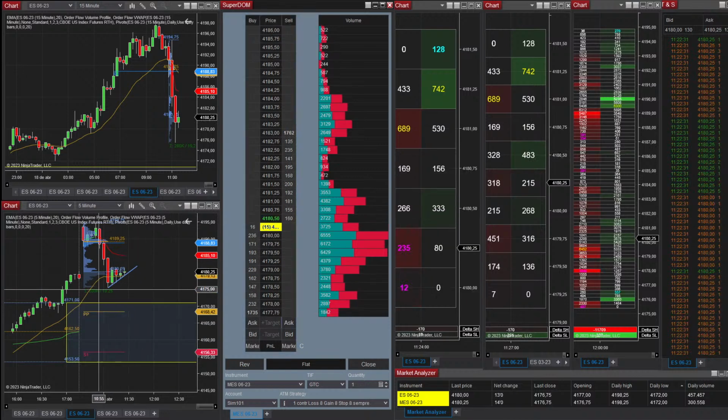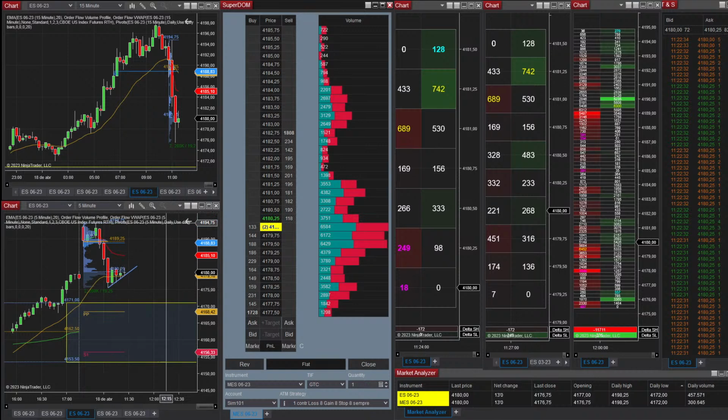Look here, for those who like chart patterns. Look at what we're seeing.